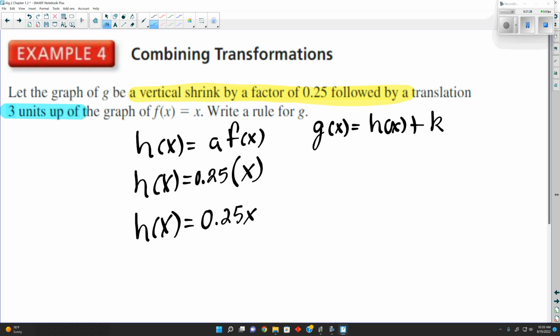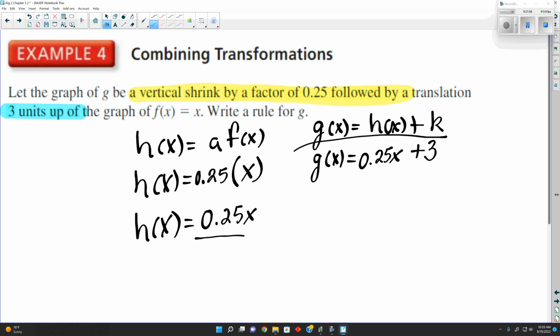Now for us here, our value of k is going to be what? And it's going to be positive because it's moving up. Now what is h of x? Do we have any like terms that we need to combine?